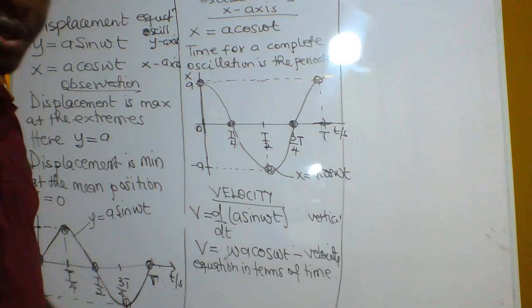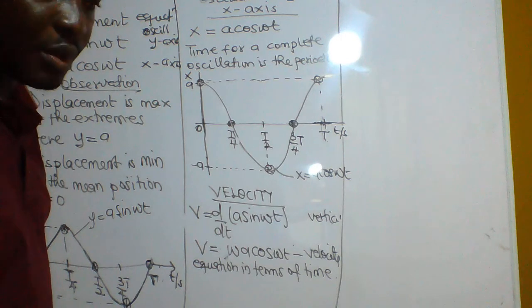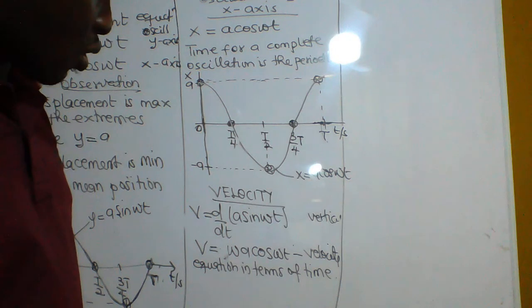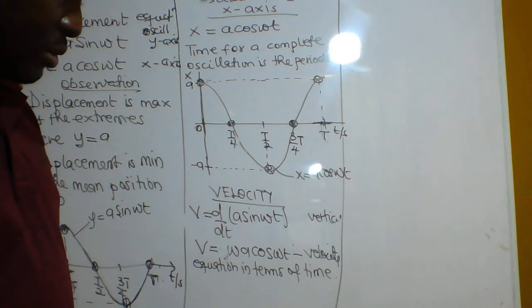The velocity function in terms of time gave us v is equal to omega A cos omega t. All right.